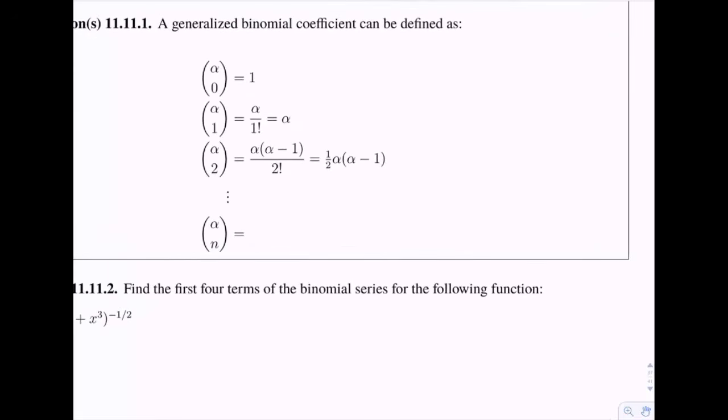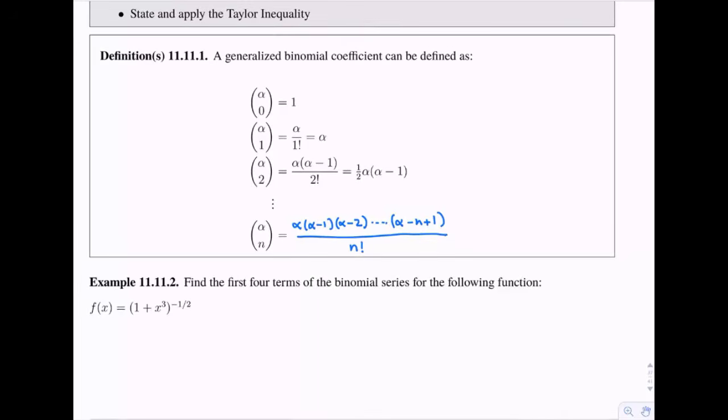And in general, alpha choose n is alpha times alpha minus 1 times alpha minus 2 times, and you keep on going to just 1 before the number you're choosing. So n, well, 1 before that would be negative n plus 1. And then you divide by n factorial.